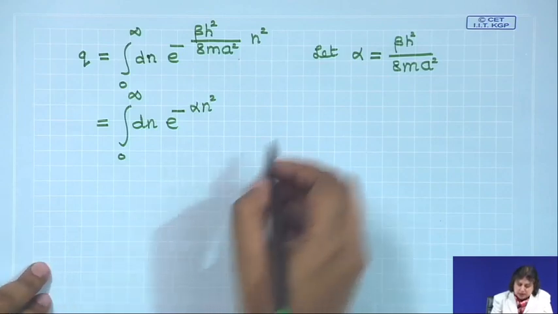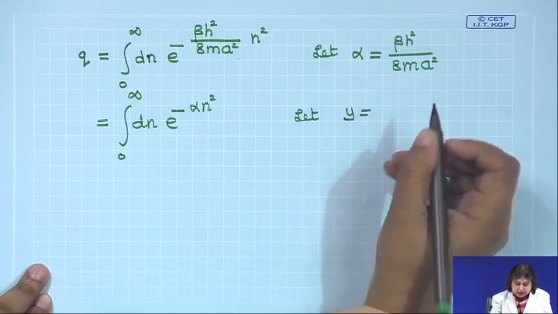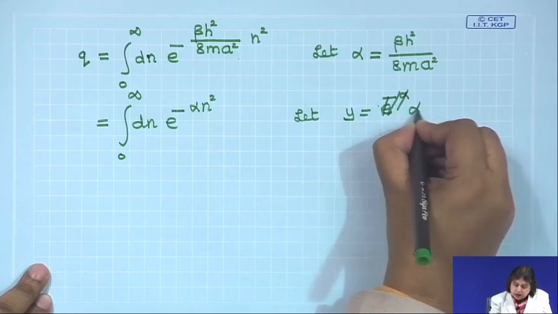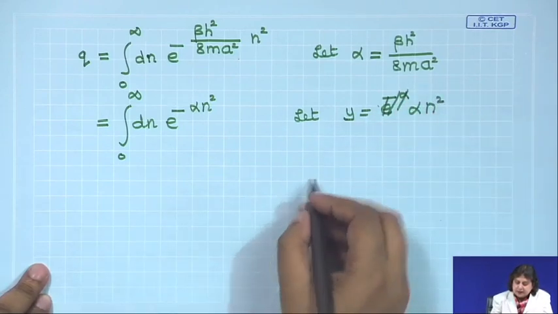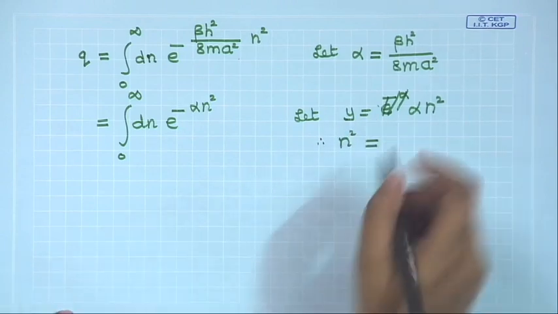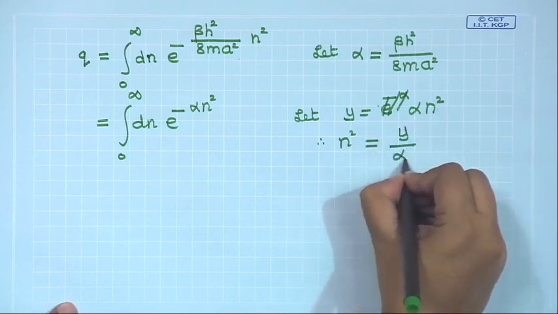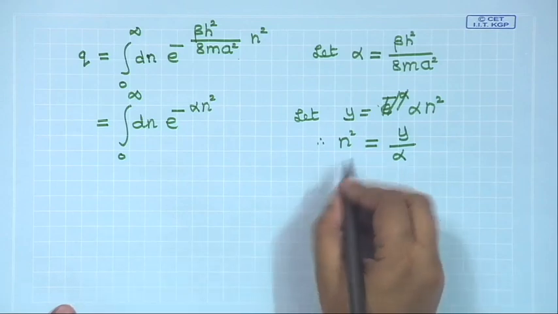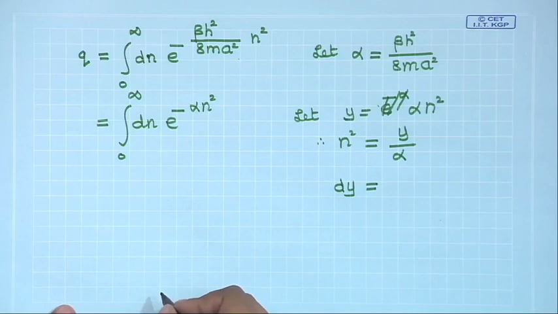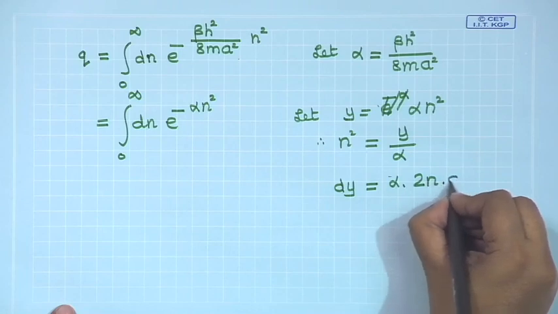In order to do so, let me make a further assumption. Let me say that y is equal to alpha n square. So, what is n square? n square is equal to y by alpha. And now, since I know y, I can find out what dy is. dy would be alpha into 2n into dn.